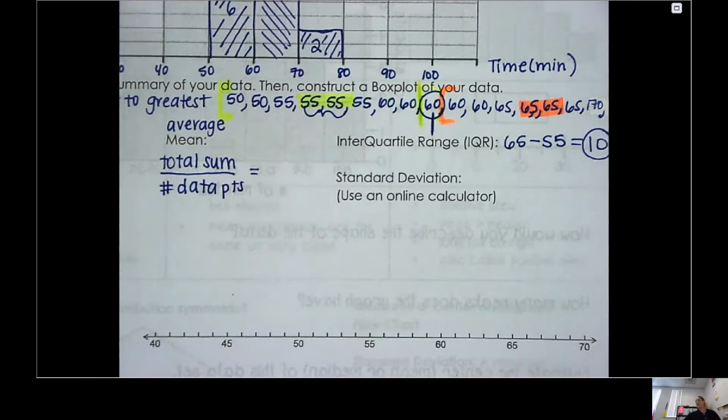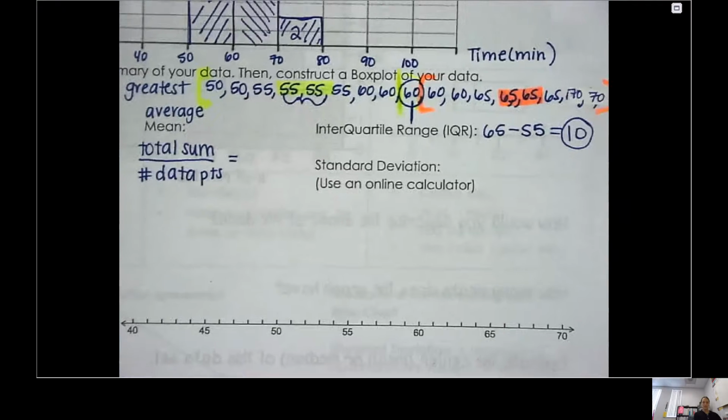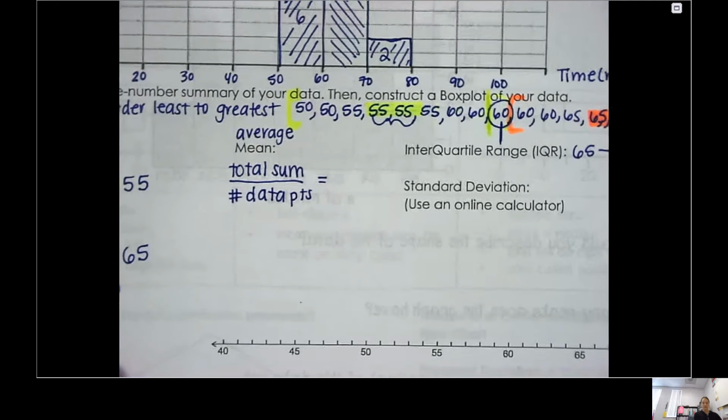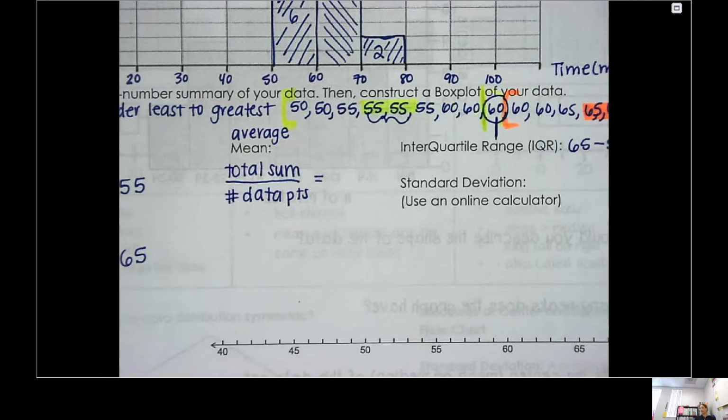So use that calculator. Go slowly. We'll see if we get the same answer. This is where you can start crossing them off if you want.